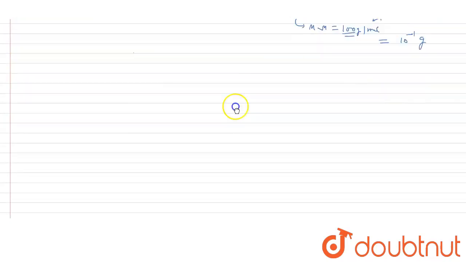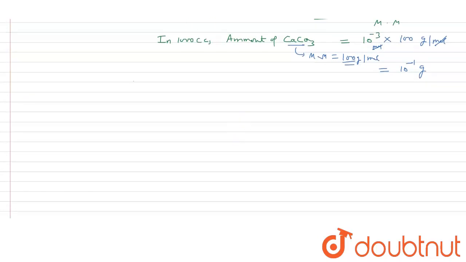So now you can see that in 1000 cubic centimeter, the amount of calcium carbonate is equal to 10 to power minus 1 gram.